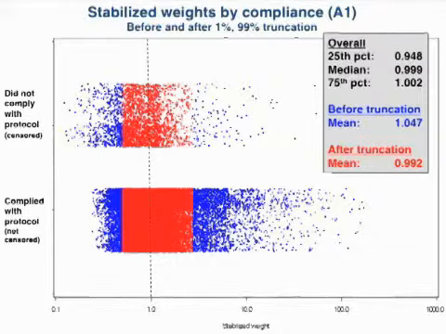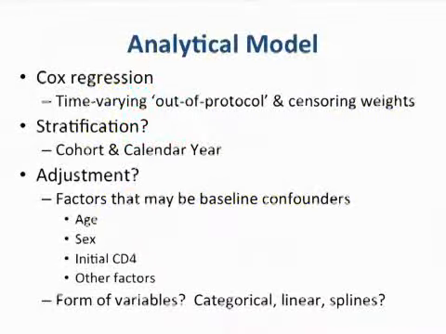Then, once we have all of those components, right, we have the population, we have the framework, we have this issue of censoring people, we have these weights for fixing up censoring, then we actually have to get to what analysis we're going to do, and all the usual things that go into an analysis. What form of the model we're going to choose, whether we're going to do stratification or adjustment with respect to a number of variables.